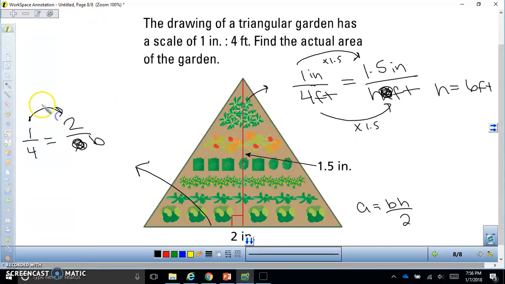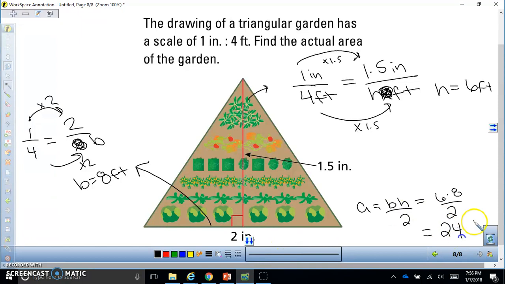What times 1 is 2 times 2? So 4 times 2 is 8, and the base is 8 feet. All right, so 6 times 8 divided by 2 is 24. 24 feet squared is the actual area.